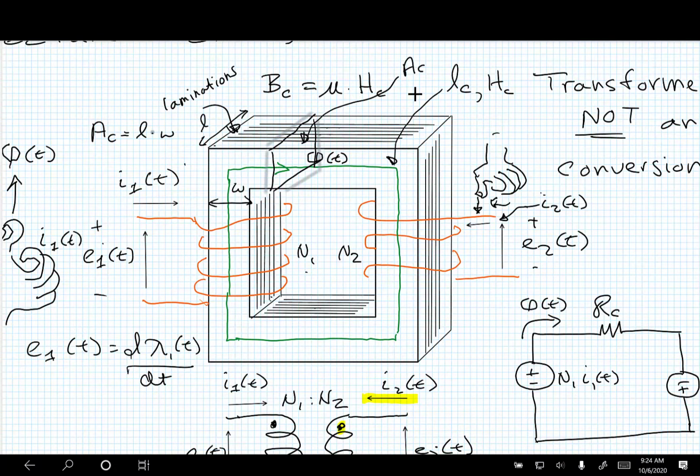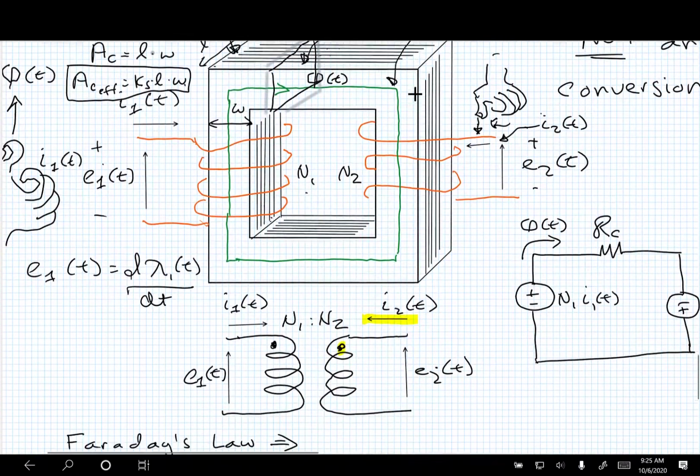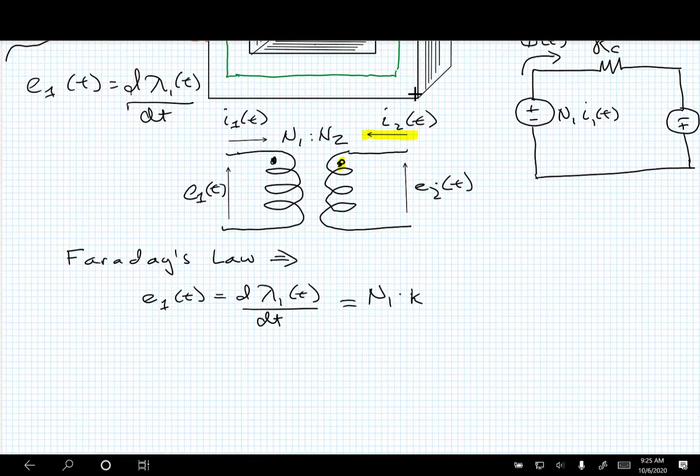But because we have laminations, the effective area is KS L W. So from last time, this is the stacking factor. You remember that KS, it's your stacking factor, and it's less than 1.